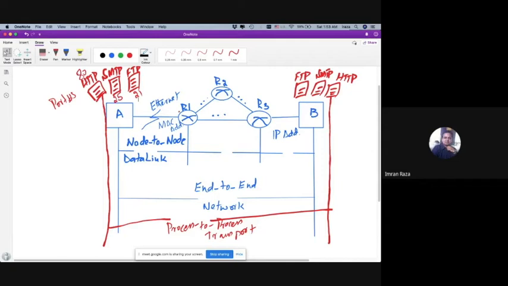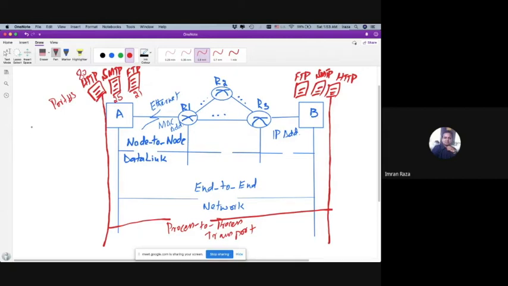Now, if we have to forward data using, for example, HTTP from machine A to machine B, whatever is being sent by the application layer will be encapsulated inside a segment at the transport layer. So let's try to understand this concept.